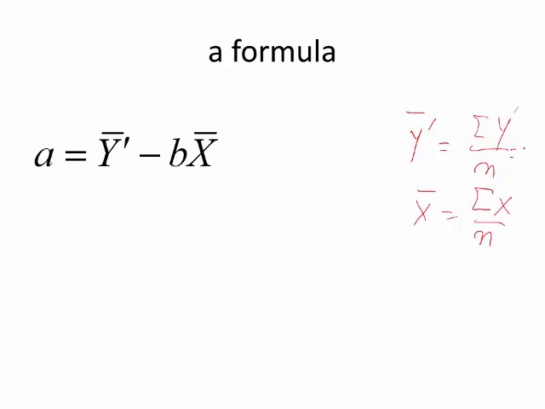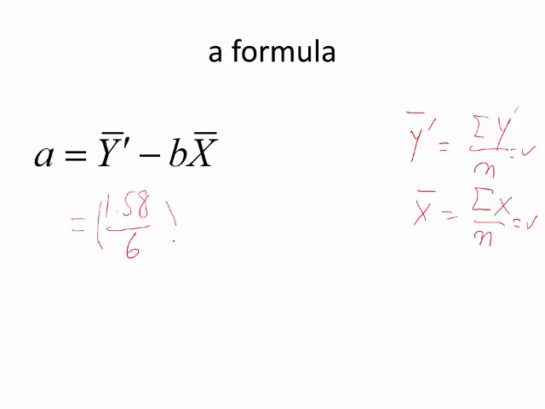You can calculate these values here and here and then put these values in this equation, and the other option is you can directly put these values here. So sum of y dash divided by n.